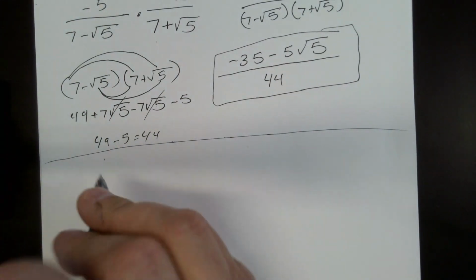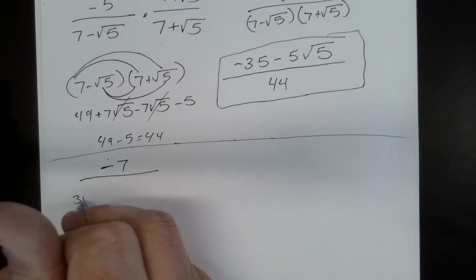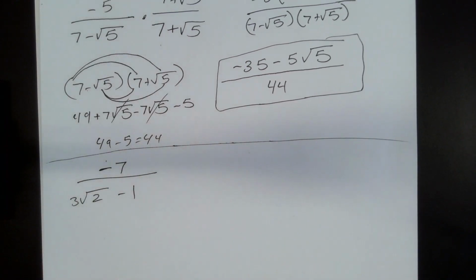Okay. If we have -7 over 3 square root of 2 minus 1.